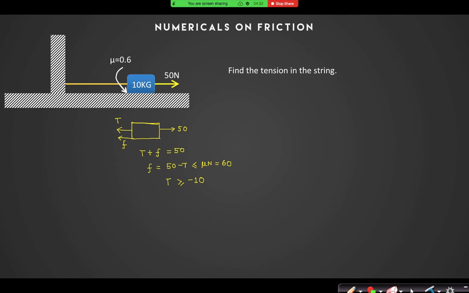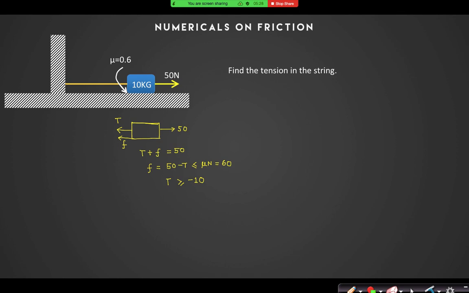It's not that tension suddenly has a particular value and then increases. So suppose at tension equal to 0 Newton the entire condition is satisfied. Then why would the tension increase further? There is no need to say that tension is 2 Newton or 10 Newton. So in this type of question, always take the minimum value of tension which satisfies the condition.